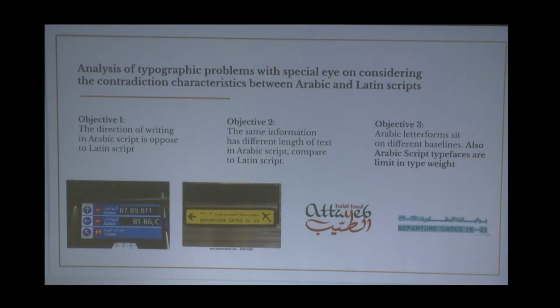So this kind of direction of writing affects the way that we make connections within the text. But in the middle image, you see that we have the Arabic text in one sentence and then the numbers, and at the bottom we have the Latin script and then the numbers afterwards.